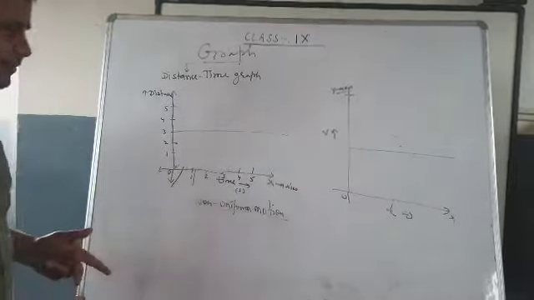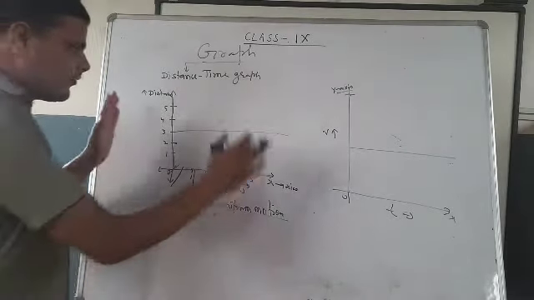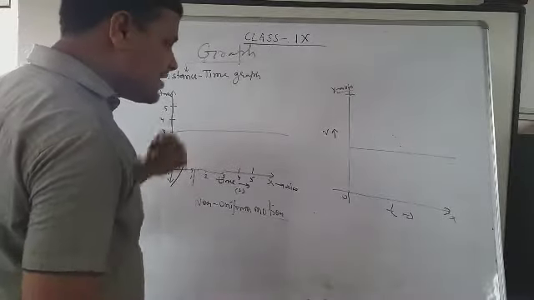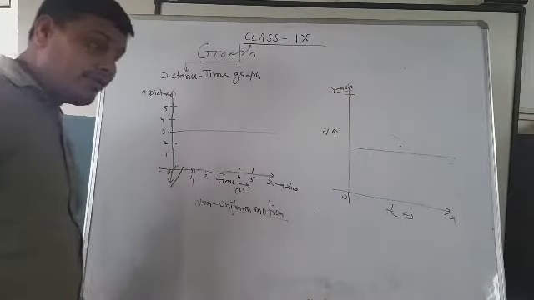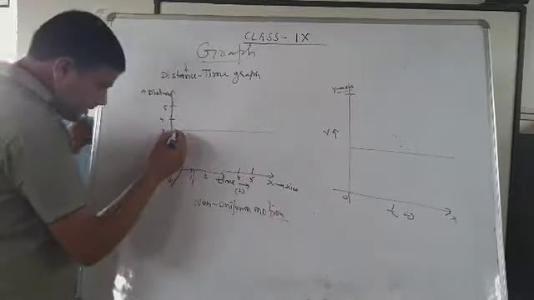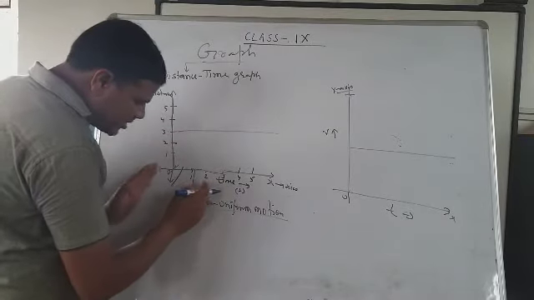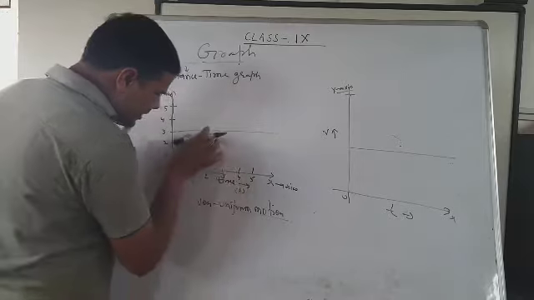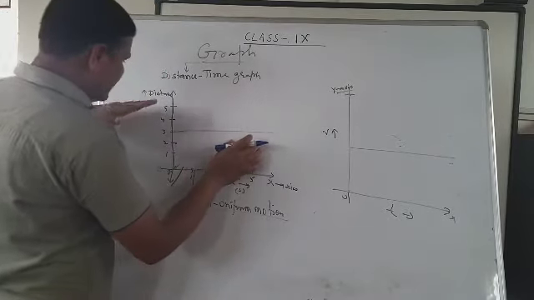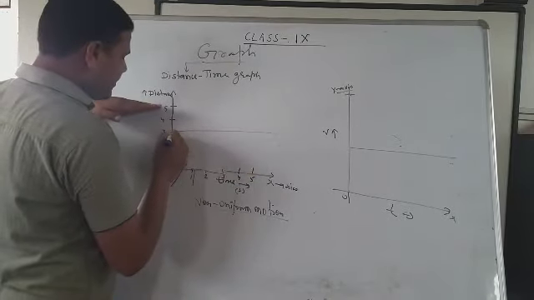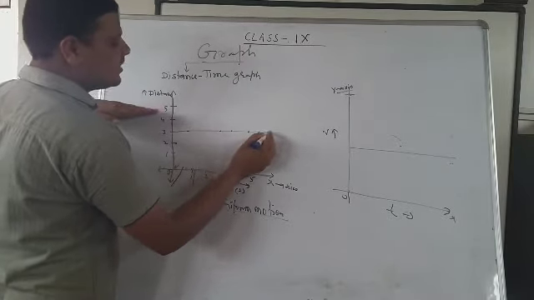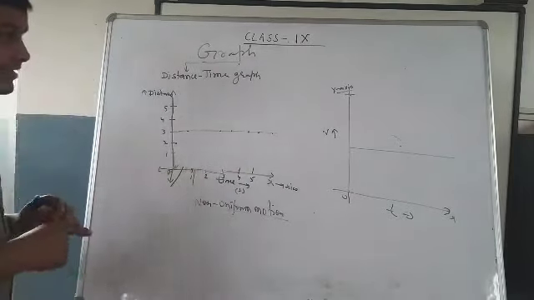The figures of both graphs are the same, but what is the difference? See, in this graph, time is passing: 1 second, 2 seconds, 3 seconds, 4 seconds. Time is passing, but the distance is the same. At every point, our distance is 3 meters. So, what is the case?